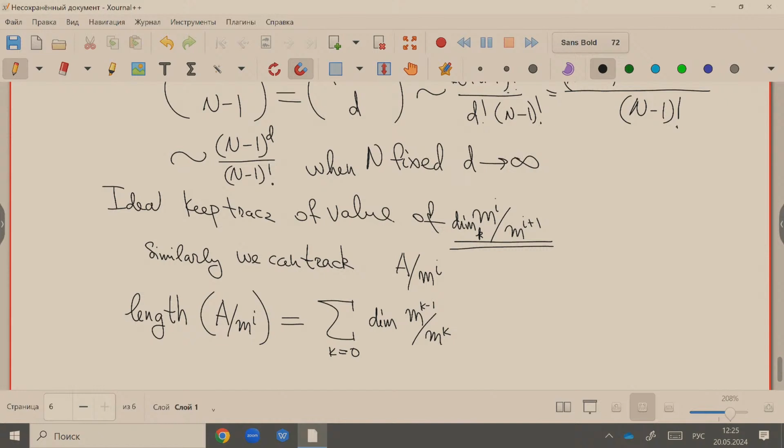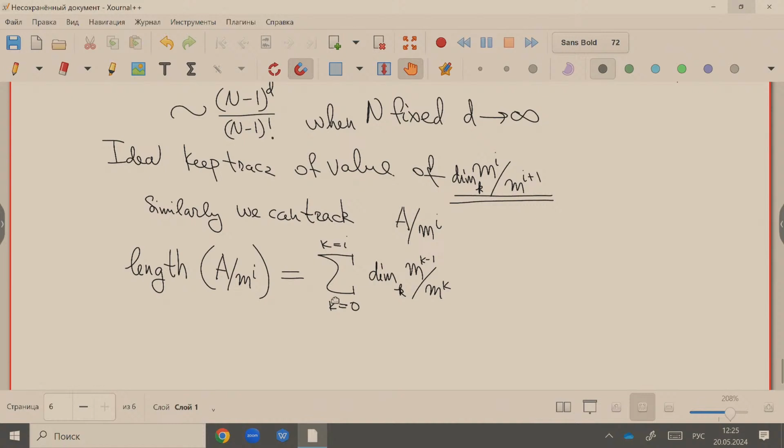Yeah, meaning that you have a module m, and k is equal to i. So you are keeping track of this kind of dimension, and this can be said as follows.